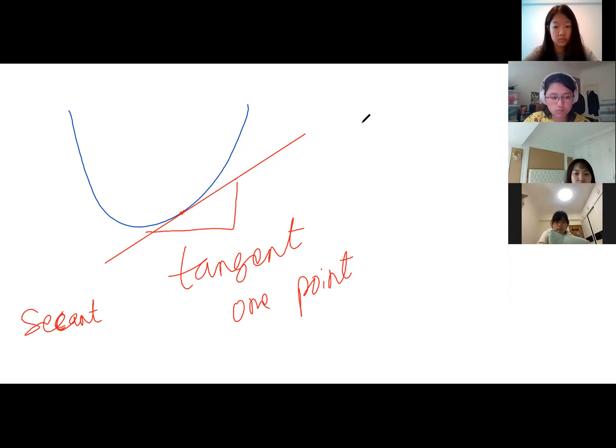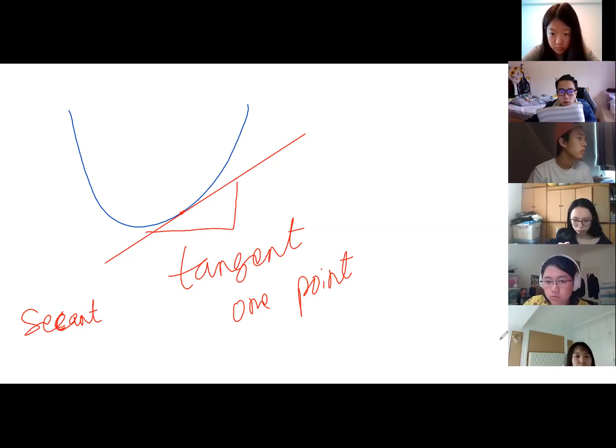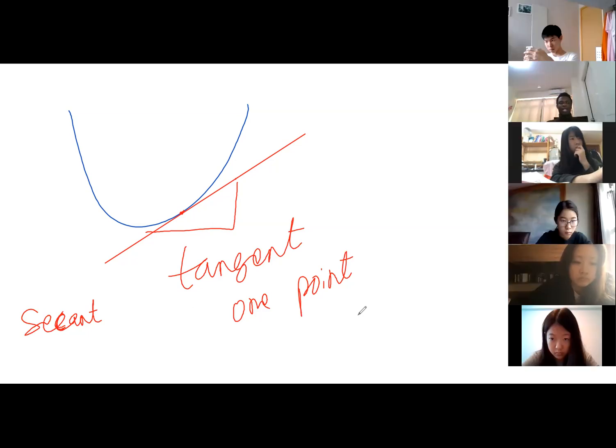What do you see? Has anyone seen anything? Secants as a line. You can put the words 'as a line' too to narrow down your search. Secants as a line. What does it mean?